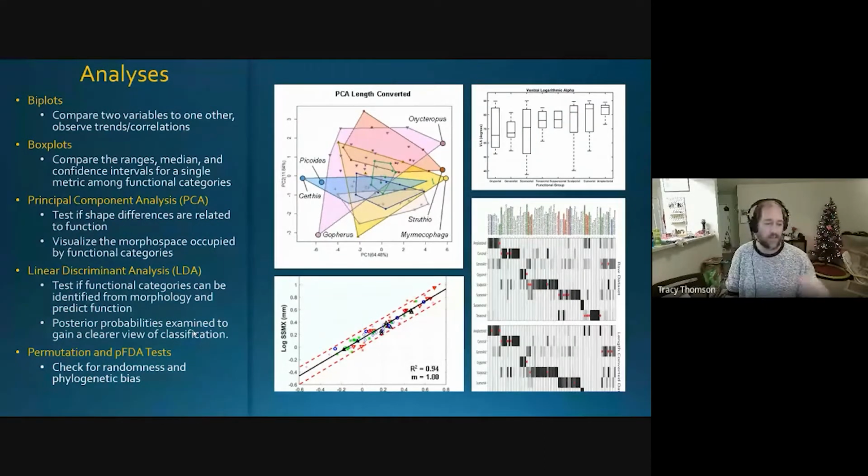And then lastly, the permutation and PFDA tests. I'm just going to mention the results of these. This checks for randomness in the data and phylogenetic bias. So what we did is, there's the possibility that all of these measurements that I took and all of these functions that I described, and the correlations between those measurements and that function, are due to random chance, that there is no correlation, that there is no causation between the shape and the function.